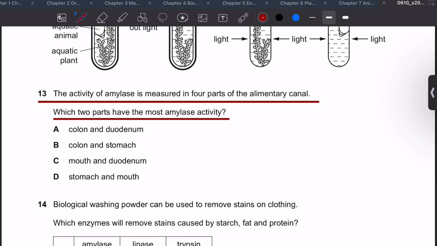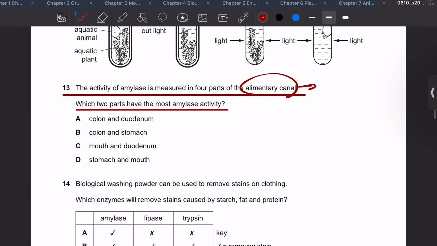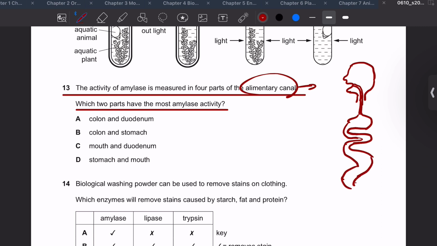So, let's first talk about the alimentary canal. The alimentary canal is a very big, very long tube that starts from the mouth, and it makes up the esophagus, and then stomach, and small intestine, and then the large intestine, and the rectum and anus. Okay?